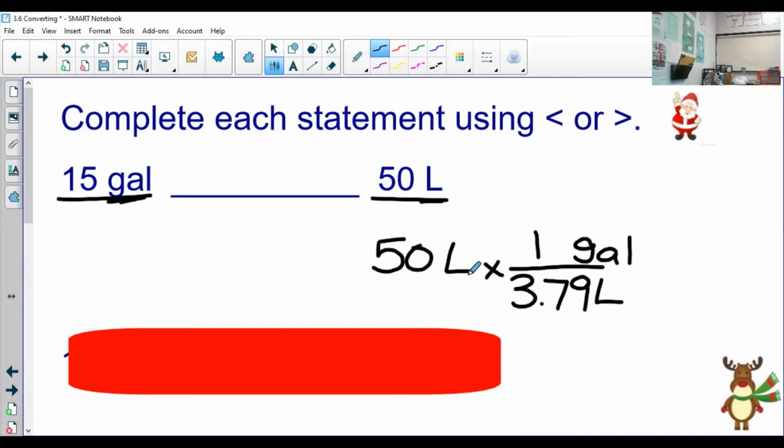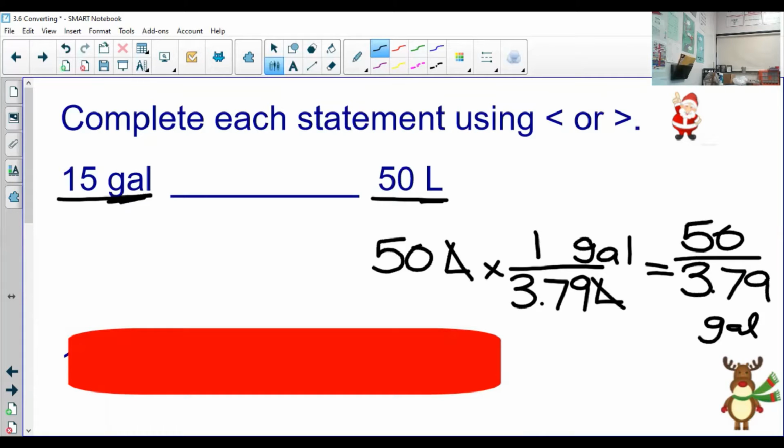Okay, my liters cancel, so I know my final answer is going to be gallons. I'm gonna multiply straight across. 50 times 1 is 50, and 1 times 3.79 is 3.79. Okay, that's just a division problem. So my calculator will tell me to do 50 divided by 3.79.